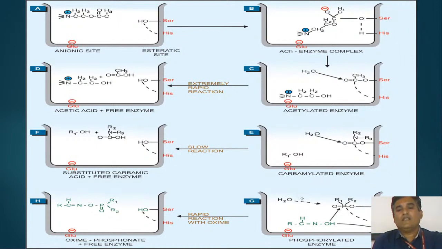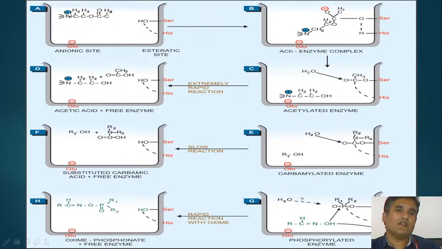Now comes the exact mechanism. First, the active binding site of cholinesterase has two portions. One is the anionic binding site, and the other is the esteratic site, and these are polar. This is acetylcholine, a partially polar compound.